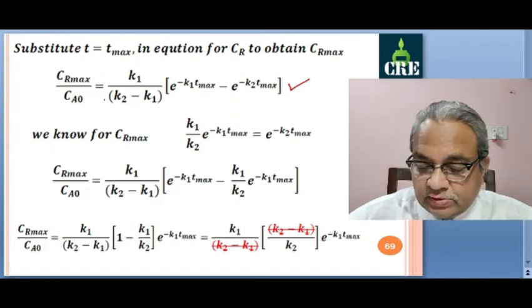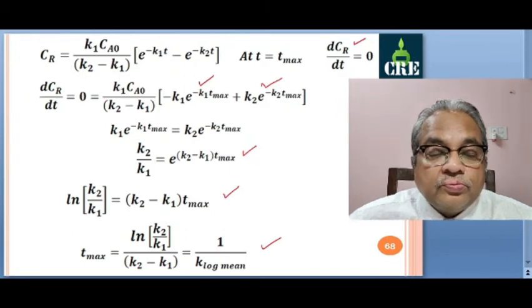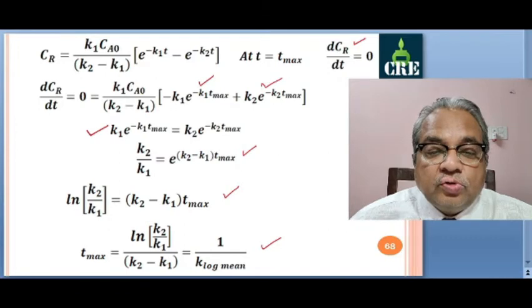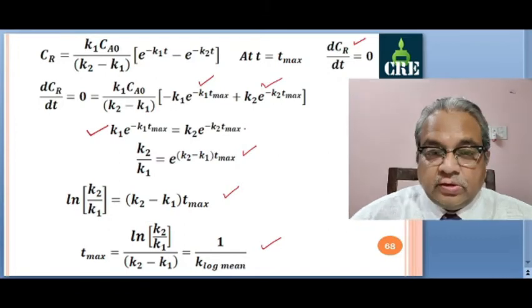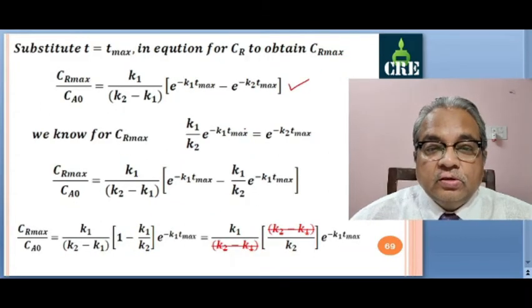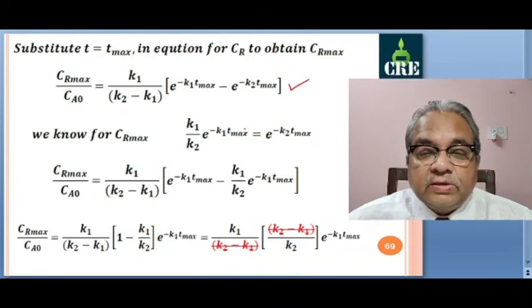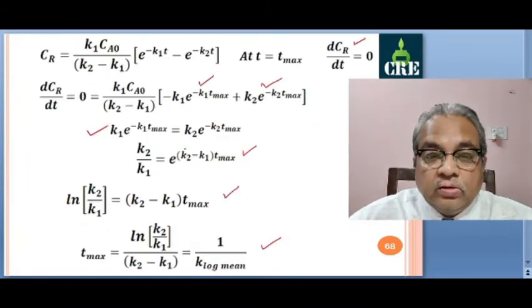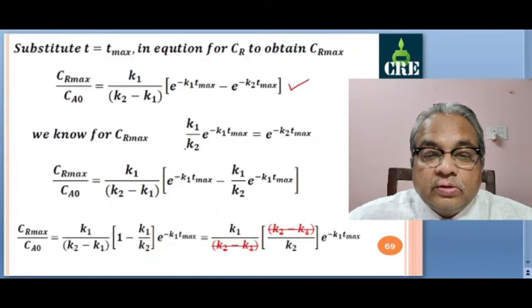Now for CR max, we know when this is differentiated with respect to t and equated to 0, we get this condition here. K1 into e raised to minus K1 t max is equal to K2 into e raised to minus K2 t max. So this condition is to be satisfied. K2 I am transferring to this side.